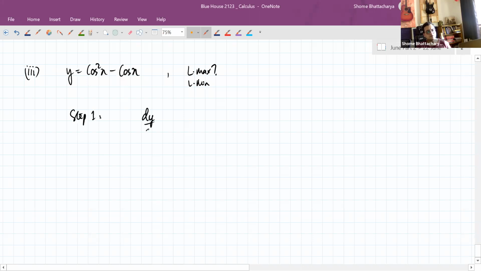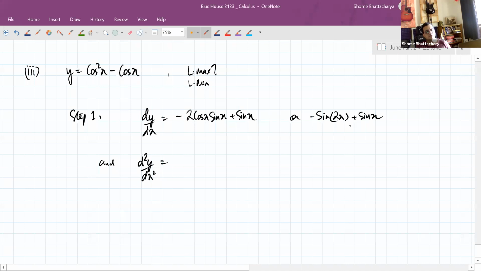So derivative of the function, when you differentiate, you should get minus 2 cos x sin x plus sin x, or you can also write this conveniently as minus sin 2x plus sin x. And second derivative, for that it is more convenient to differentiate this one.